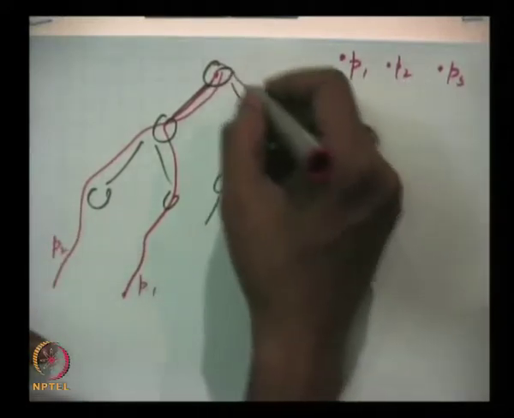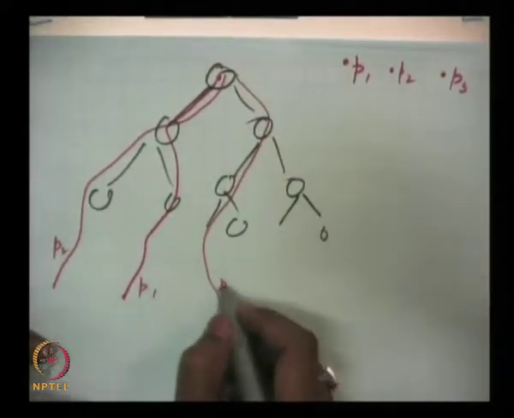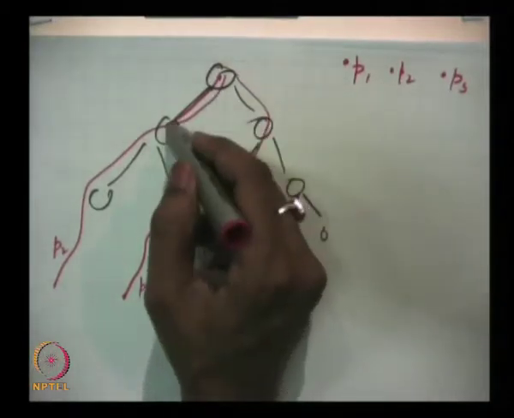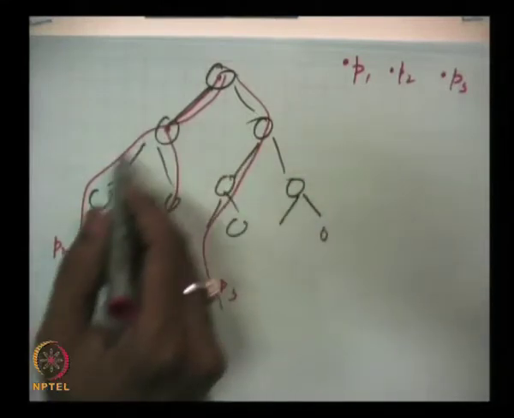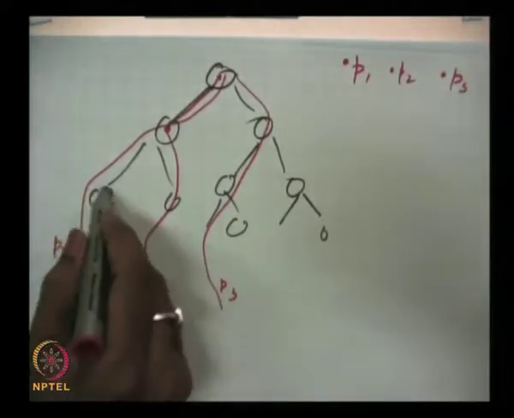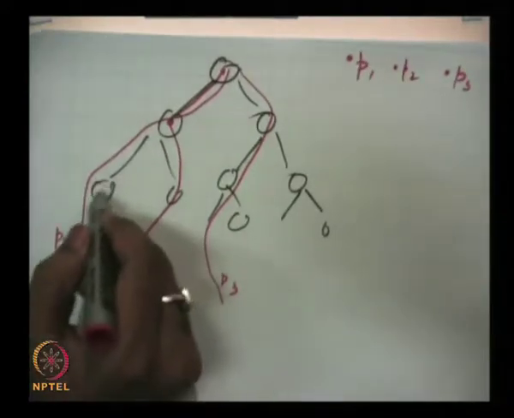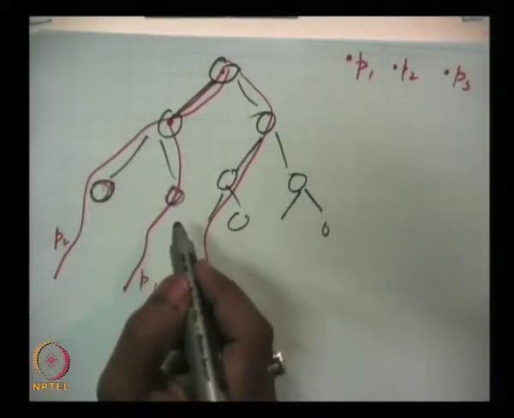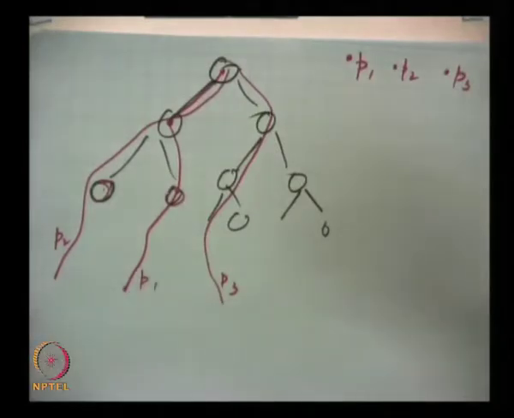P3 could be like this. This is P3. Now, if you look at the path that P1 and P2 took, they shared the same path till this node, but then they went along different paths. So, the set of points that pass through this node, and the set of points that pass through this node, they basically define some kind of partitioning of R to the power n. That is all I am saying. So, every decision tree also corresponds to some kind of partitioning of R to the n.